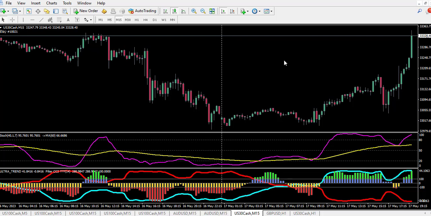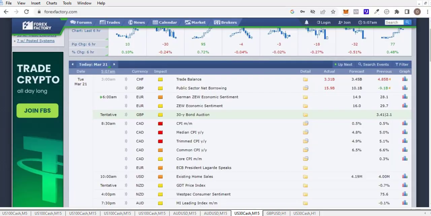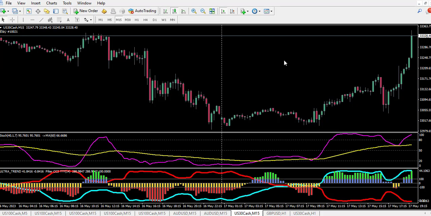Before you take any trade, make sure you check Forex Factory and see if there is news, because the news might affect your technical analysis, and it is important that you check Forex news. First thing to do in the morning before you start trading is to check Forex Factory or other news aggregator websites, so that you will not trade against the news.